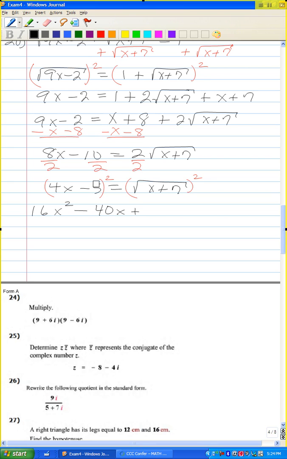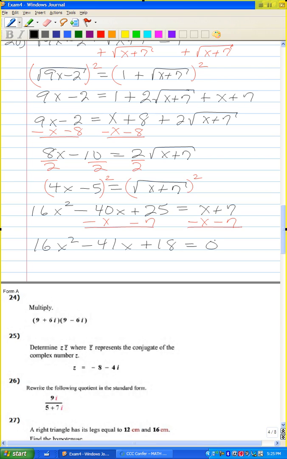Negative 5 squared, 25, equals, well, the square gets rid of the square root, so x plus 7. Subtract x plus 7 from both sides of your equation. And so I get 16x squared minus 41x plus 18 is 0.